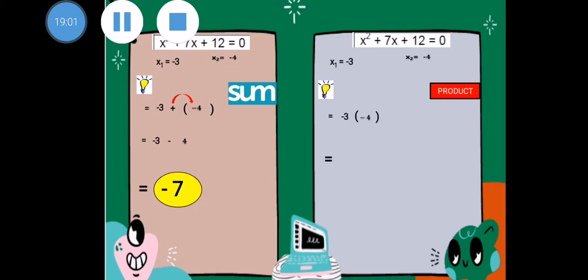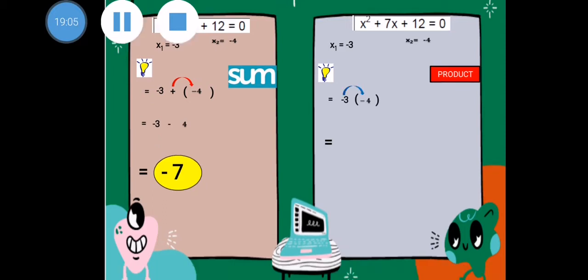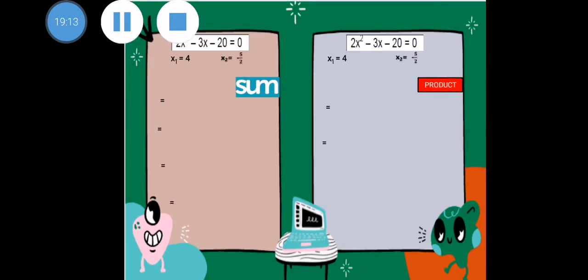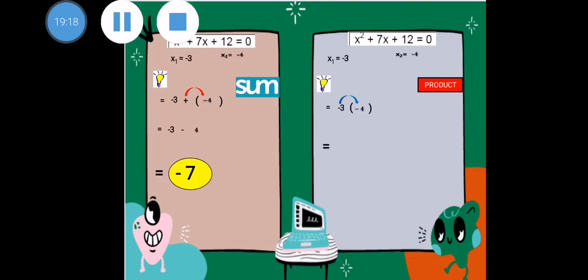So, negative times negative, alam naman natin na ang result ay positive. So, 3 times 4 is positive 12. So, kaya po, ang product ng roots ay ayan, positive 12. So, ang sum ay negative 7, ang product ay 12.